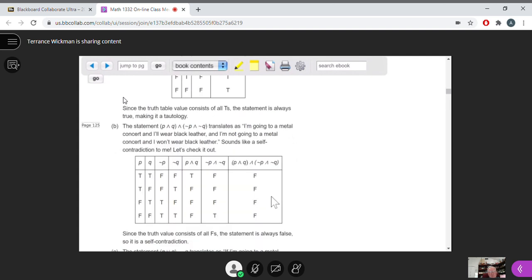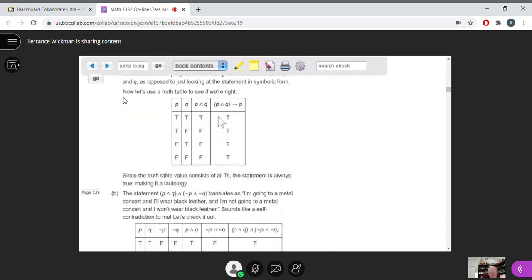Anyway, now here's a more complicated chart. We noted that in a situation where, no matter what, everything is false, we call that a self-contradiction. Notice that they build this chart. They do not include the parenthesis P or Q, and Q then P. They don't include this fourth column.